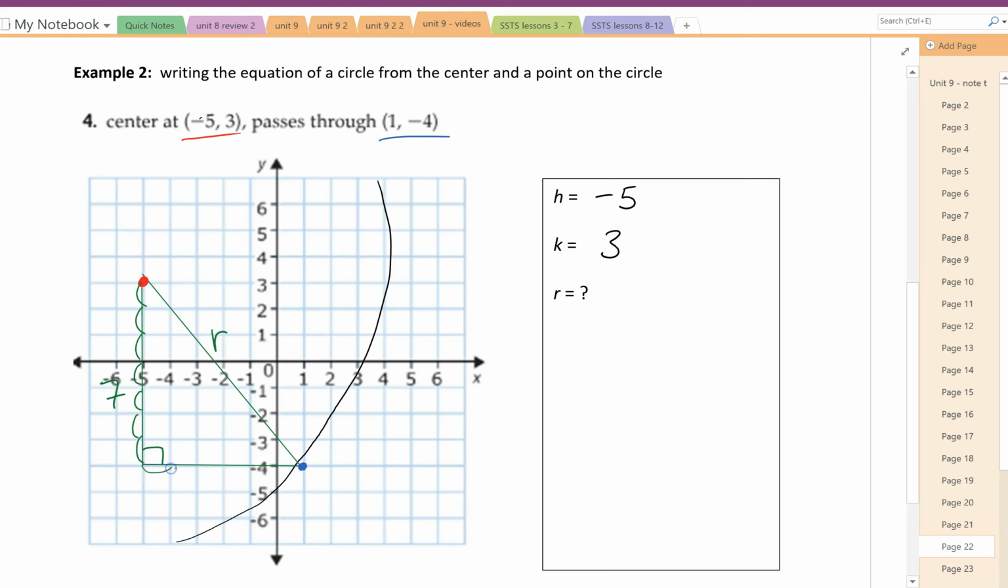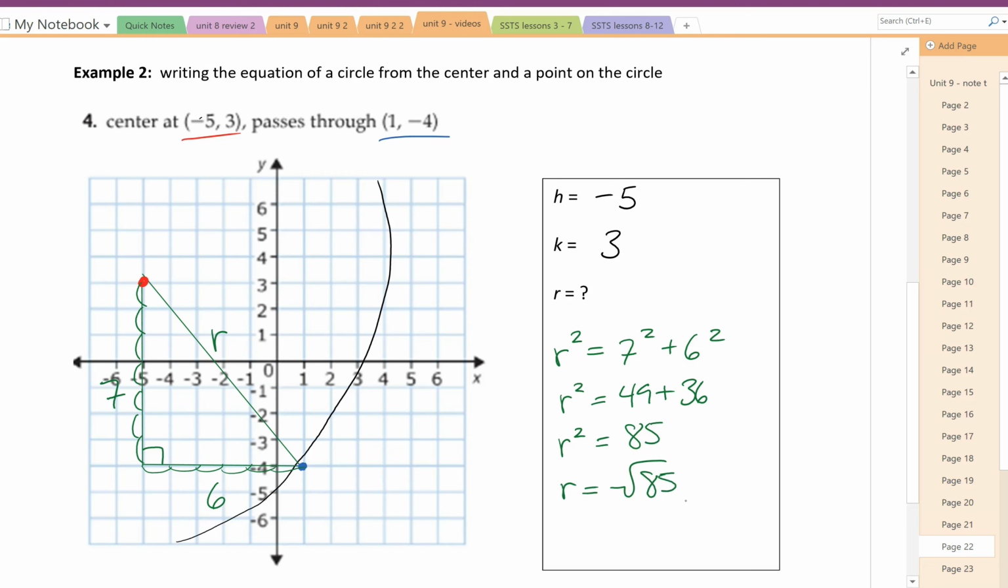This one down here, 1, 2, 3, 4, 5, 6. So the radius squared here is just equal to 7 squared plus 6 squared. So 49 plus 36. 49 and 36 is 85. So r would be the square root of 85.